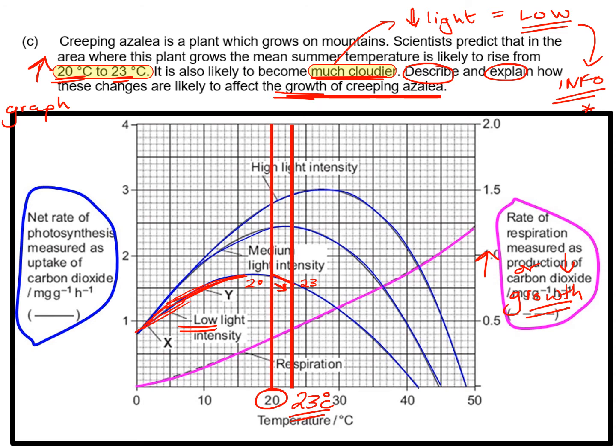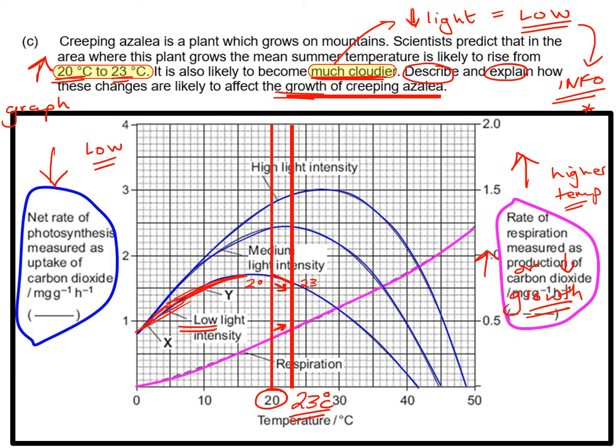But the rate of respiration, if you take the pink data, between 20 and 23 goes up. So the net rate of photosynthesis is going down due to low light, and the rate of respiration is going up due to the higher temperature, or the increase in temperature. So we've got a lower level of net photosynthesis and we've got higher respiration rates.